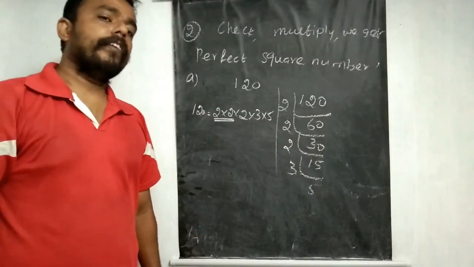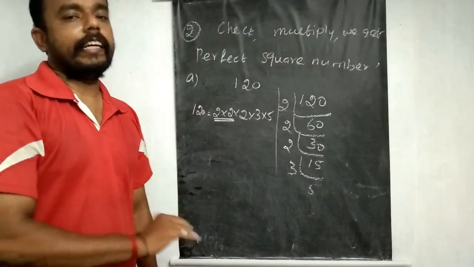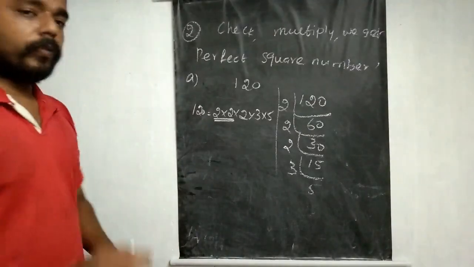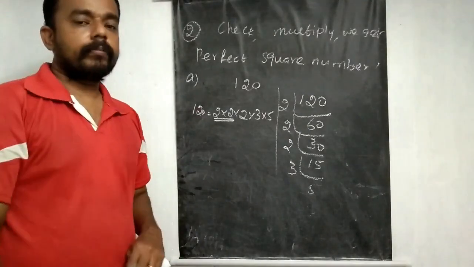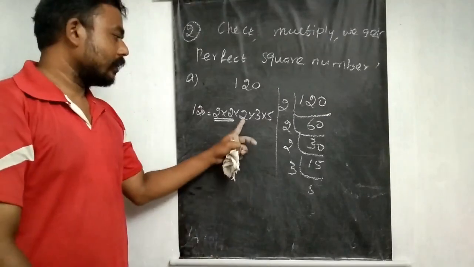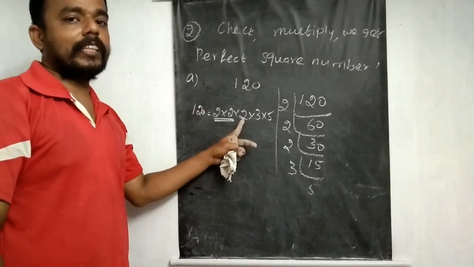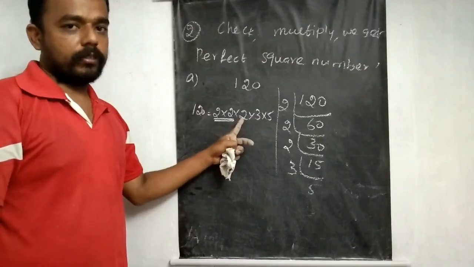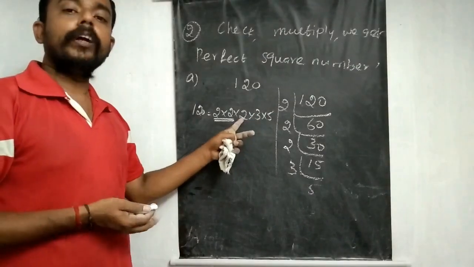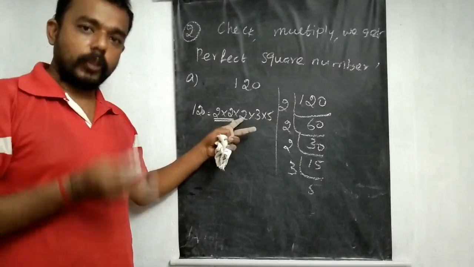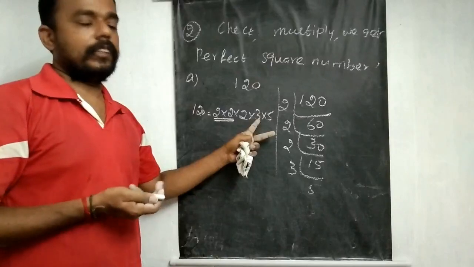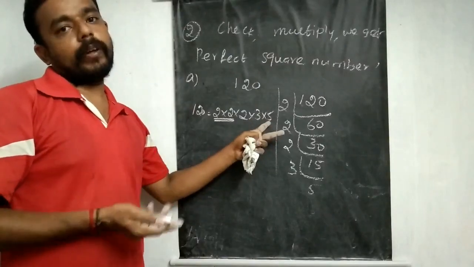Now what number do we multiply so that we get a perfect square number? We need to introduce a number that should match with these numbers. Here 2 is alone, we need to make a pair, so we multiply another 2. 3 is alone, we multiply another 3. 5 is alone, we multiply another 5.